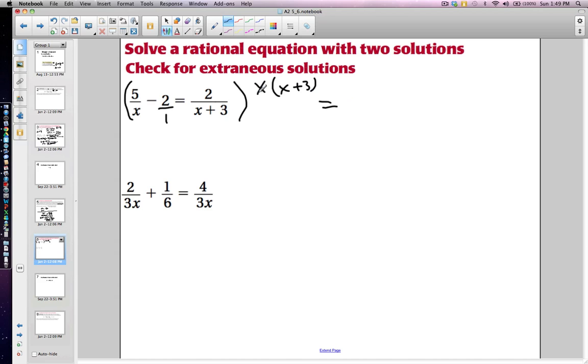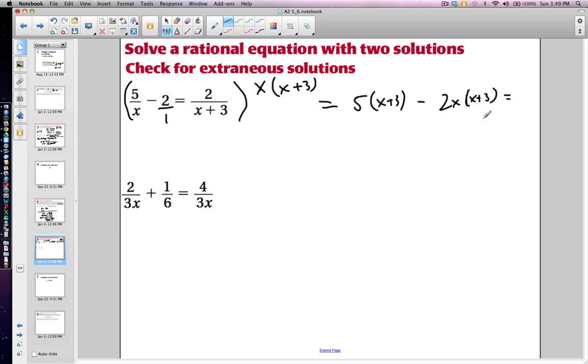When I multiply x times x plus 3 times 5 over x, the x's cancel, and I get 5 times x plus 3. Minus, when I multiply this whole thing times 2, it's 2 times that, 2x times x plus 3.